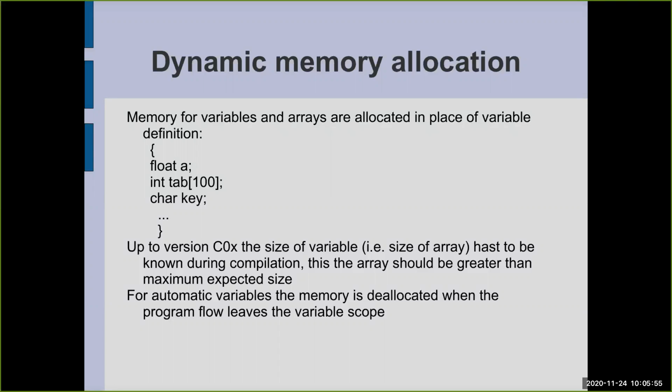So this is the only way how we can change the amount of memory when we declare array like this. So these variables are allocated automatically, and when we leave variable scope, so here is scope begin and here is scope end, when we leave this scope, these variables will be automatically deallocated, so they will be destroyed.